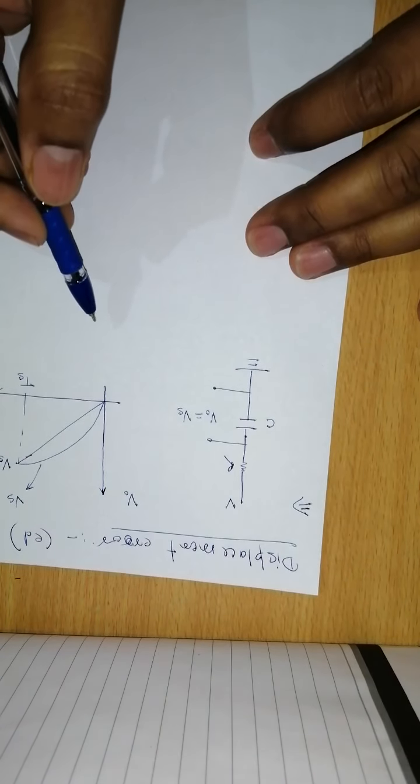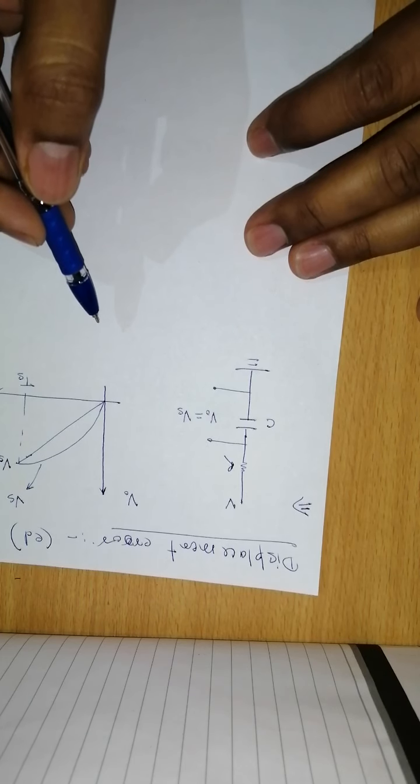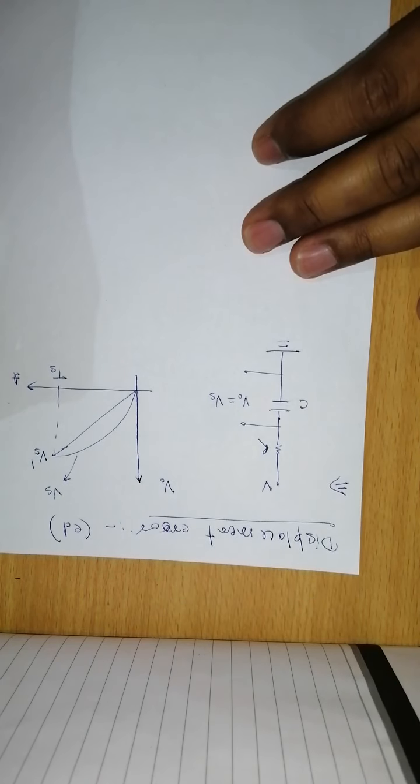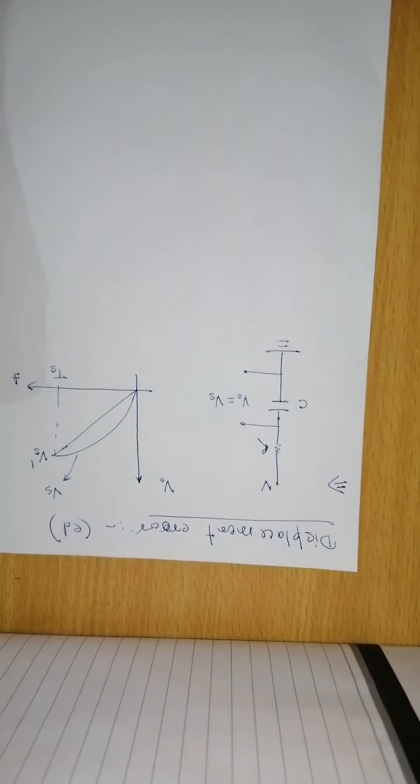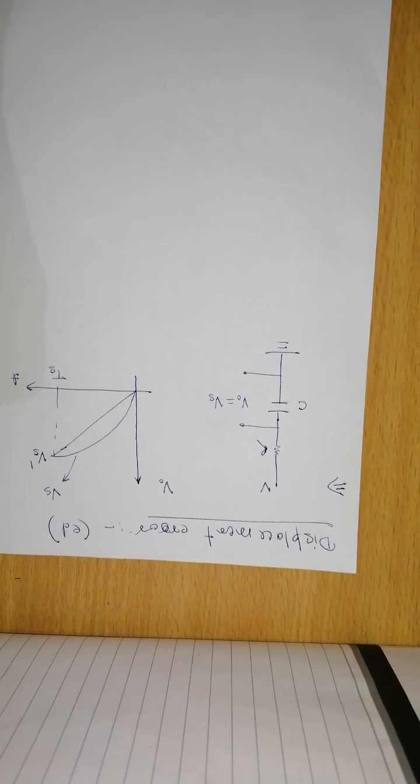Now we have to calculate the displacement error. And what is the displacement error? The displacement error, ED, is, as we have already discussed, the maximum difference between the actual sweep and the practical sweep that we are getting.